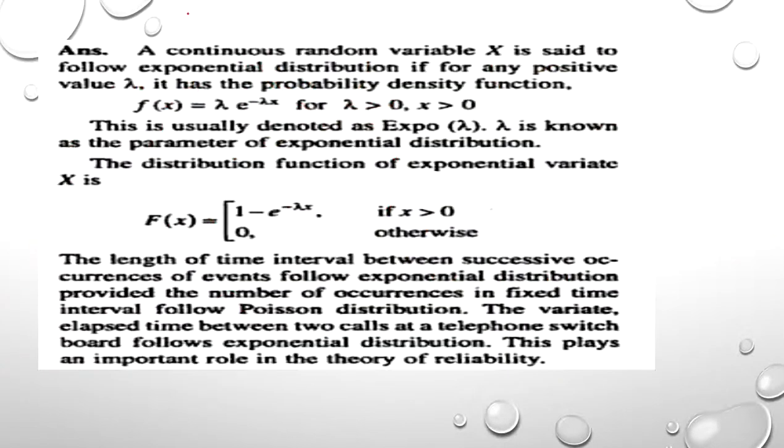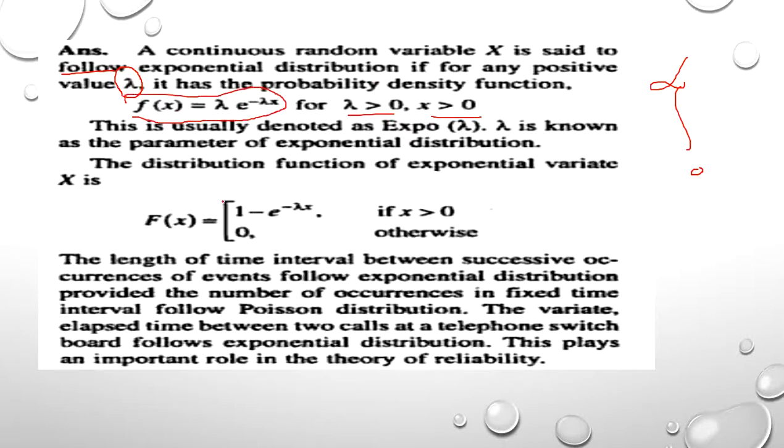A continuous random variable x is said to follow exponential distribution if, for any positive value of lambda, meaning lambda takes only positive values, not 0. Always lambda is greater than 0 and x is also greater than 0. Its limits are from 0 to infinity. This is the PDF of exponential distribution, lambda into e power minus lambda x.